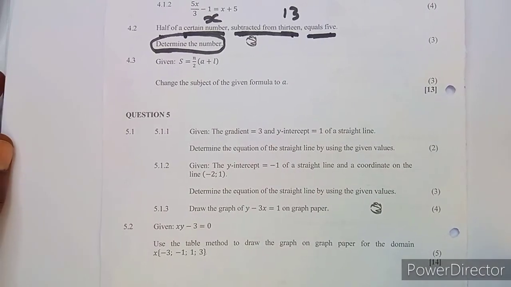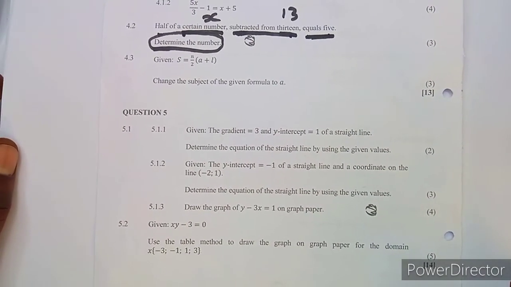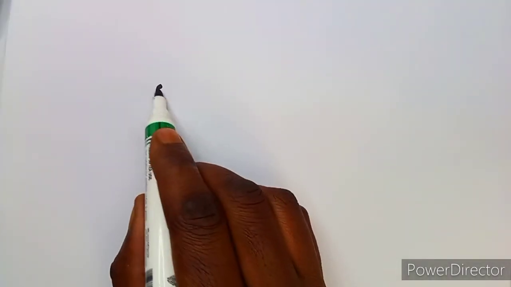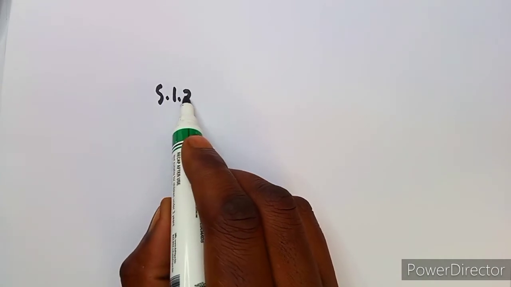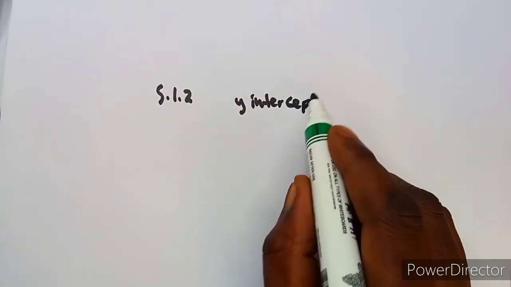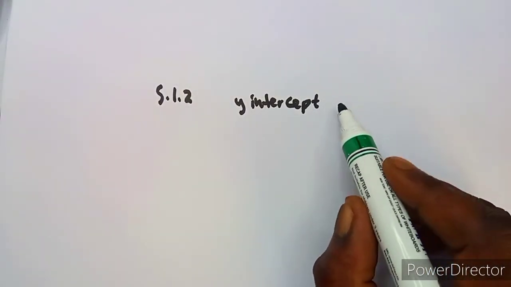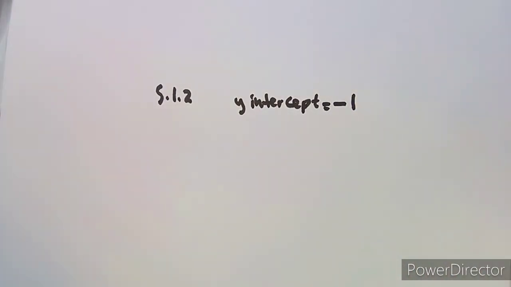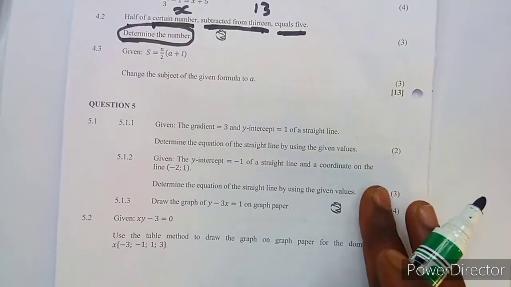Given that the y-intercept is equal to minus 1 of a straight line and a coordinate, determine the equation of the straight line. Okay, this time these guys, they just want to play with us. Anyways, let's see how they are playing with us. This time they gave us the y-intercept, which is a minus 1, okay, and a coordinate on the line.